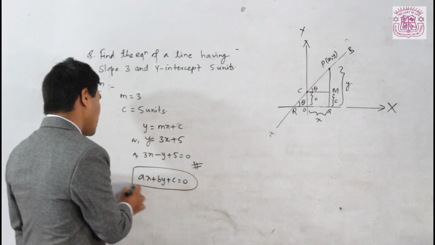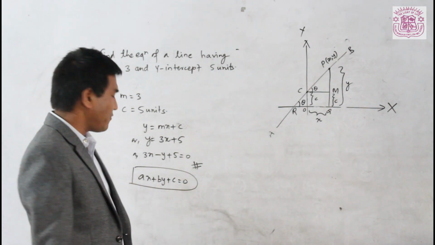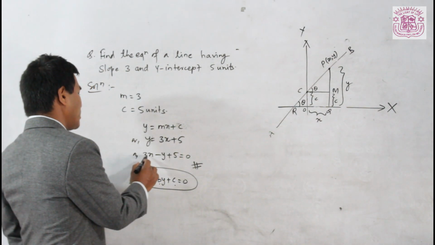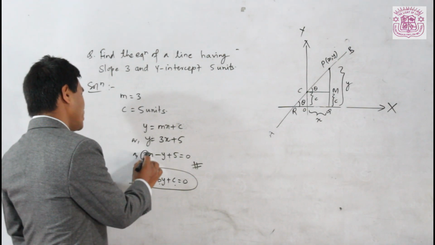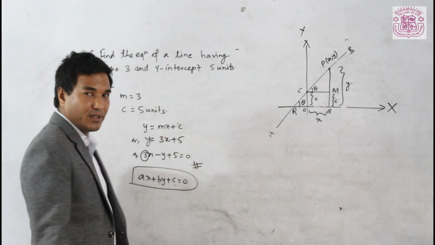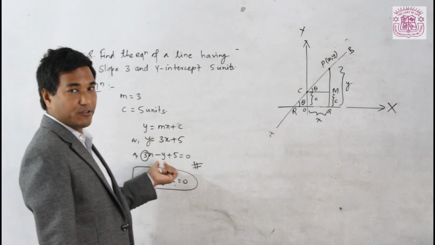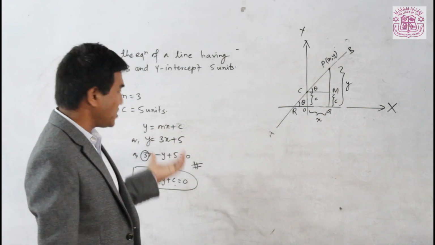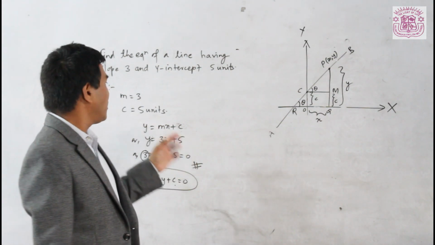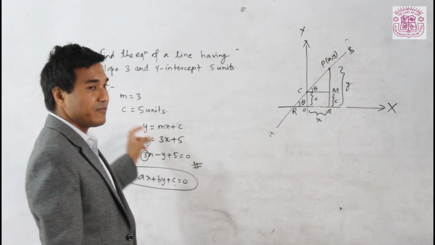This form is called the standard form of the equation of a line, and here a, b and c are constants. Here also what we got is the value of a is 3, the value of b is minus 1, and the value of c is 5. So this is again in the standard form. So this is how we find the equation of the line when the slope and the y-intercept are given.